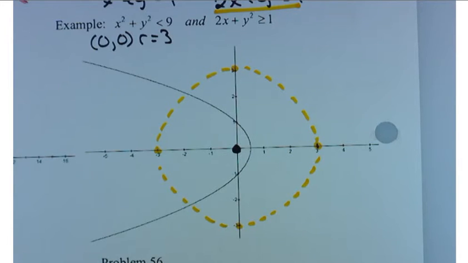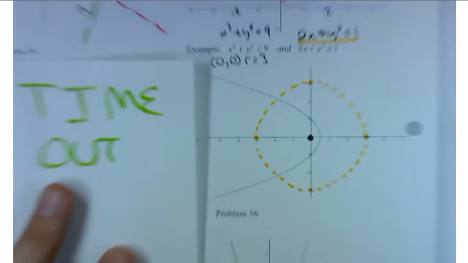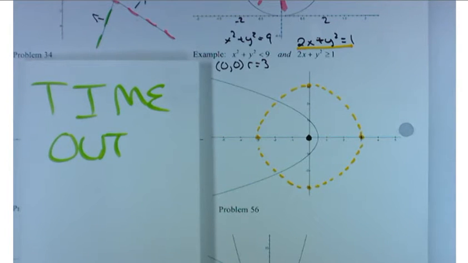Where do these shaded regions overlap each other? I think you're going to end up with a figure that looks kind of like a distorted Pac-Man.